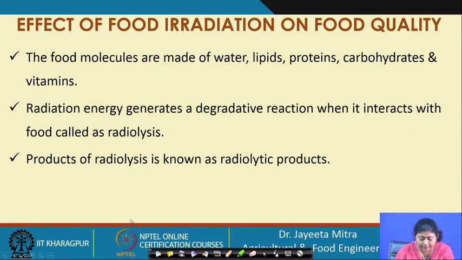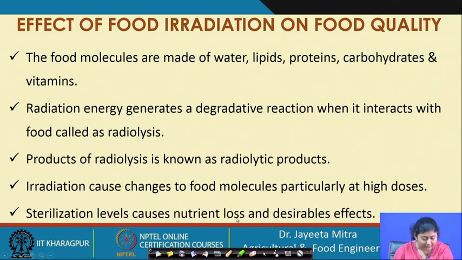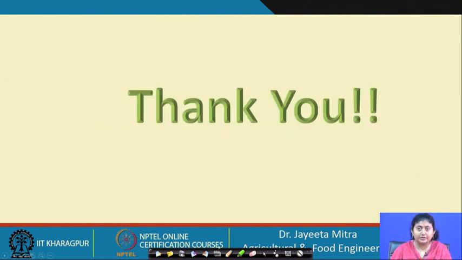Products of radiolysis are known as radiolytic products. Irradiation causes changes to food molecules, particularly at higher doses. That is why we have to be very cautious and strictly follow the dose requirement. Sterilization levels cause nutrient loss and some undesirable effects also. So, this is about irradiation, and we will stop here and move on to the next topic. Thank you.